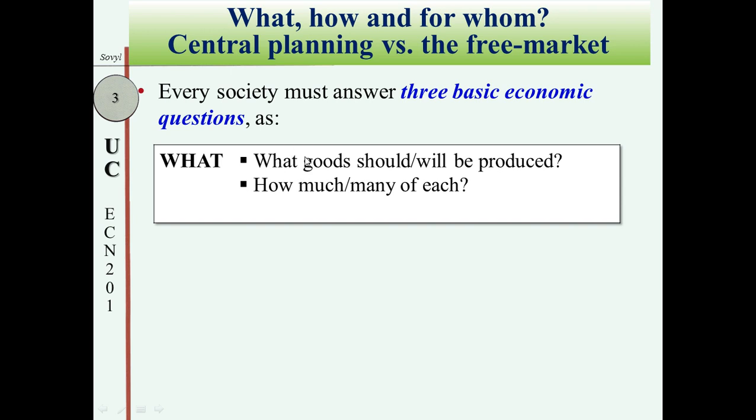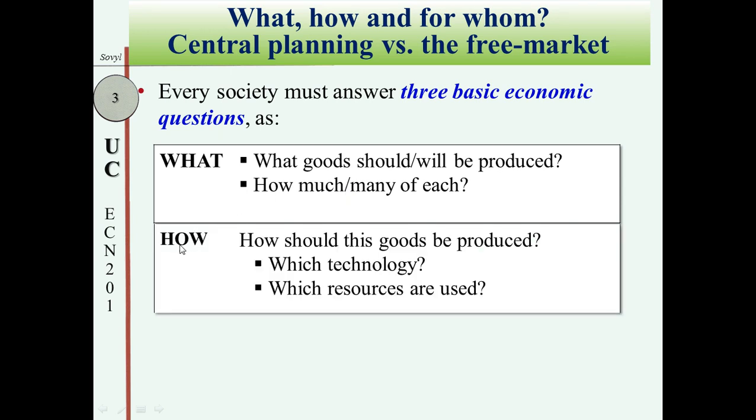You need to ask what to produce and how much to produce. This is about what. How should these goods be produced? That means how to produce these goods and these services.